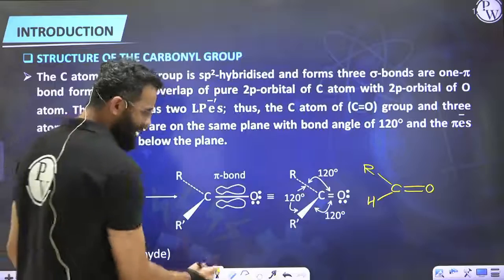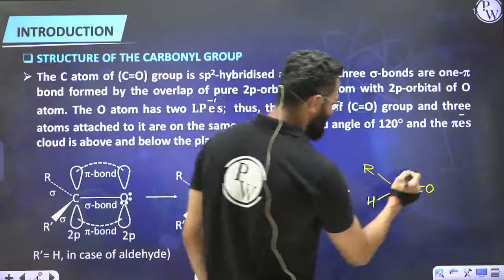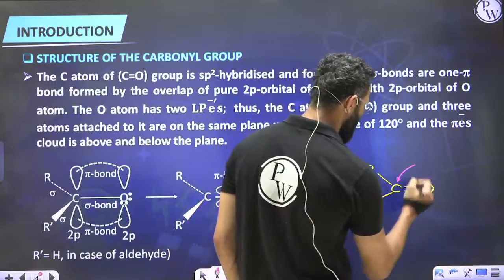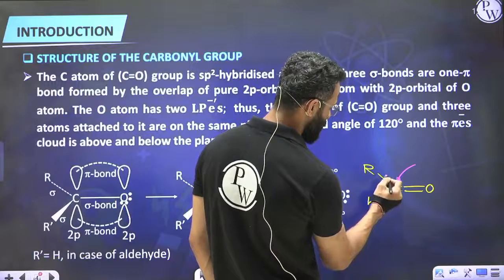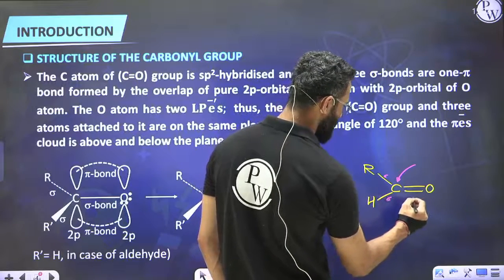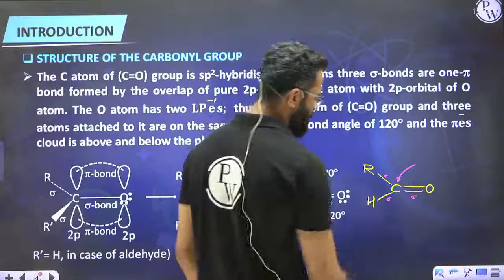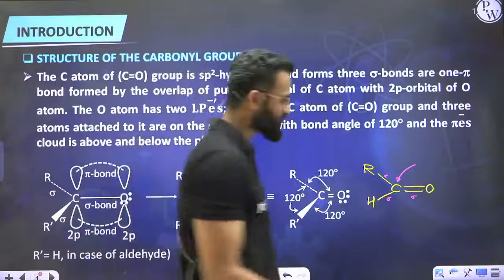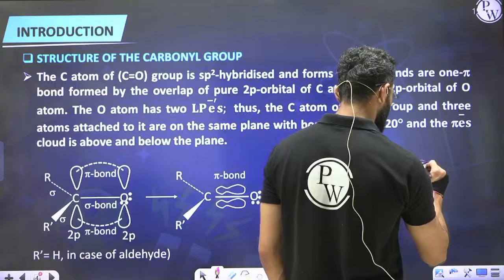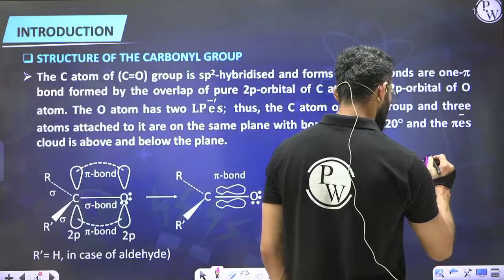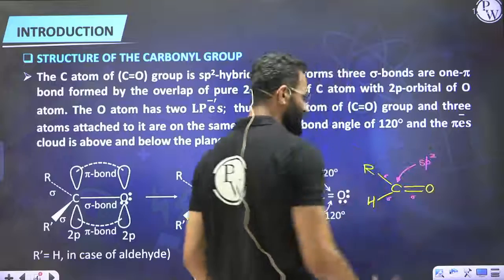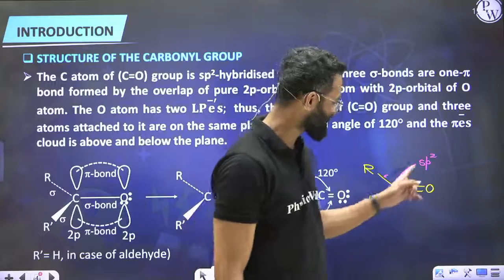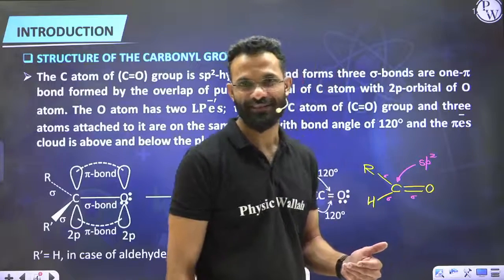Now in this aldehyde, if you observe the carbon atom given over here, this carbon atom has 3 sigma bonds, 1, 2 and 3, and no lone pair present on the carbon atom. So naturally the hybridized state of this carbon atom is sp2. So we can say in aldehydes as well as in ketones, the carbonyl carbon atom exists in the sp2 hybridized state.